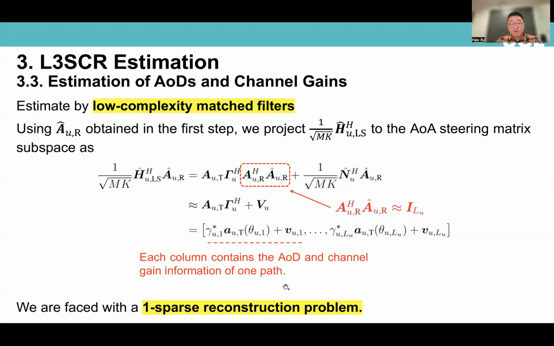So we are now faced with a one sparse reconstruction problem. We need to extract the channel gain information and AOD information from each column of this matrix.